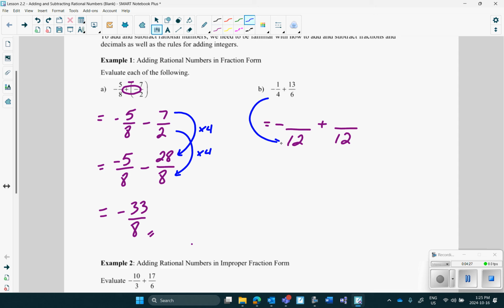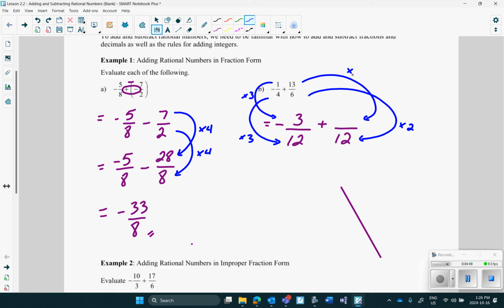One over 4, well, I times 3 to get what? 3 over 12, and then don't forget that negative in front. This one times 2, so I got to do 13 times 2, which gives me 26.